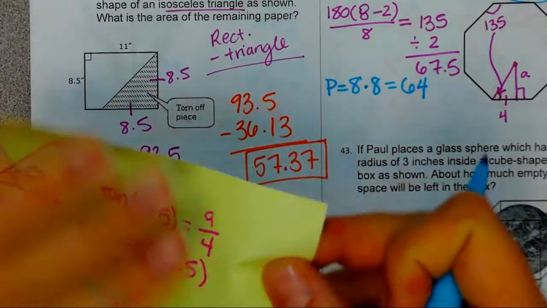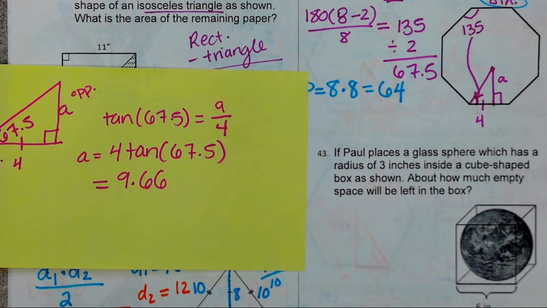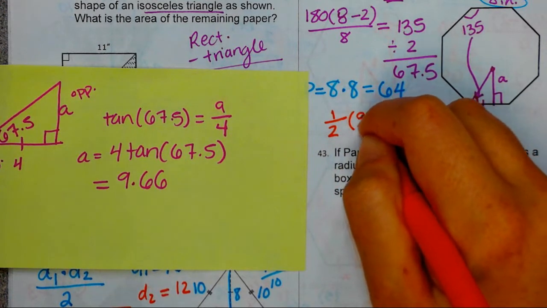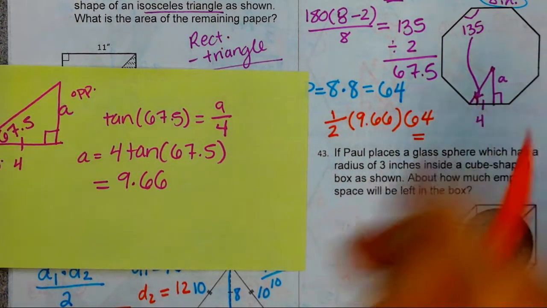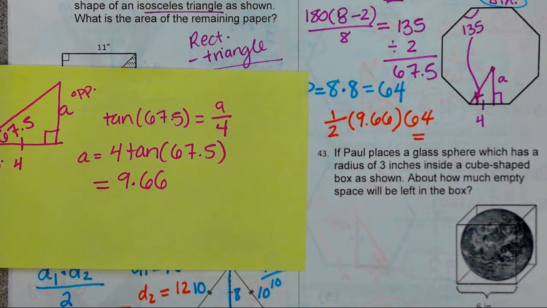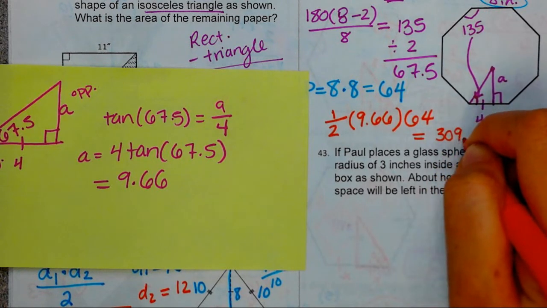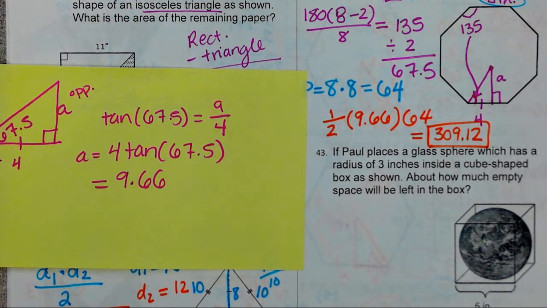Now we're about ready to get the area. So last step, plugging things in, we've got half apothem, which is 9.66, times perimeter, which is 64. And that's equal to 309.12. That's our area.